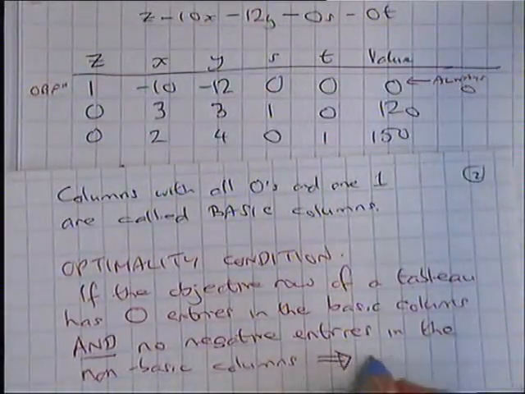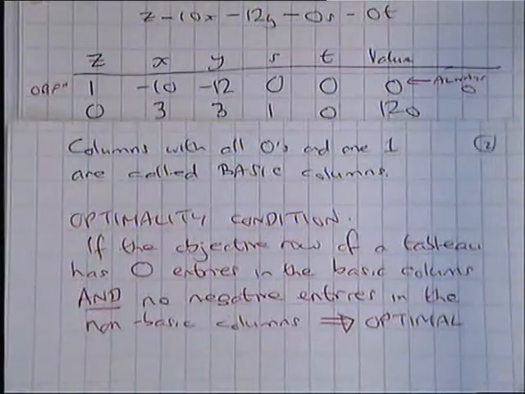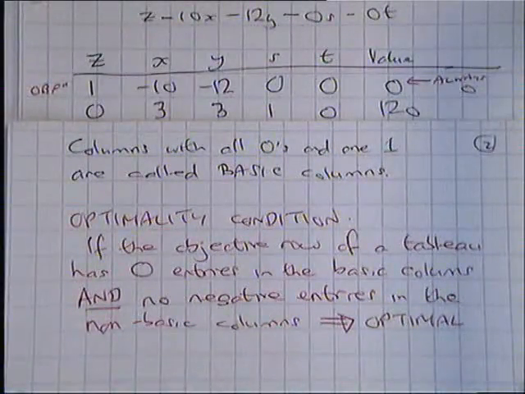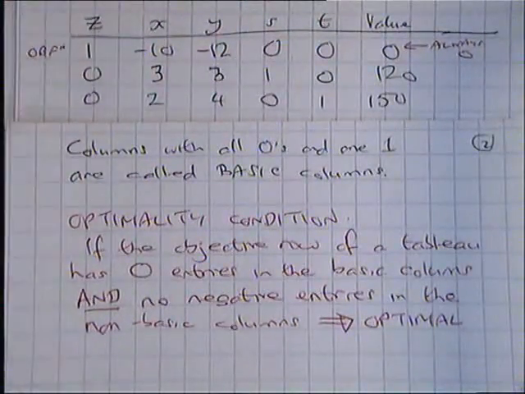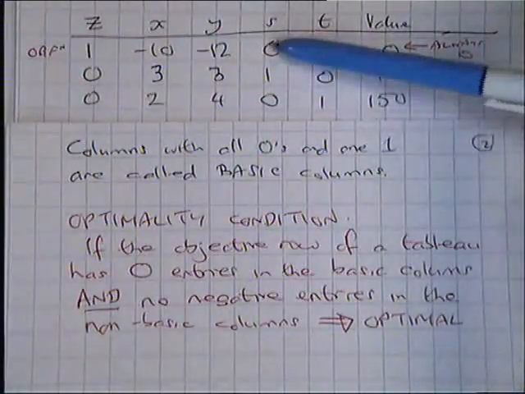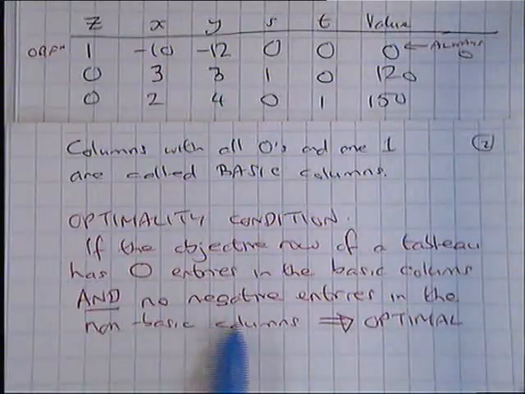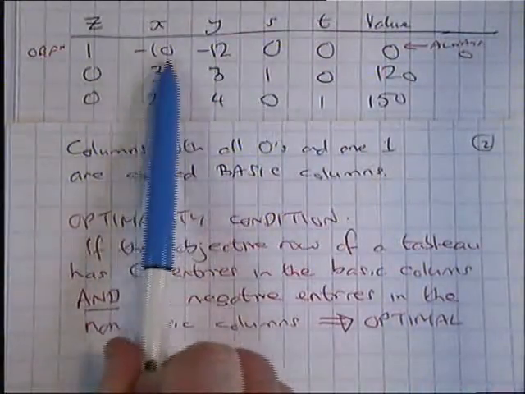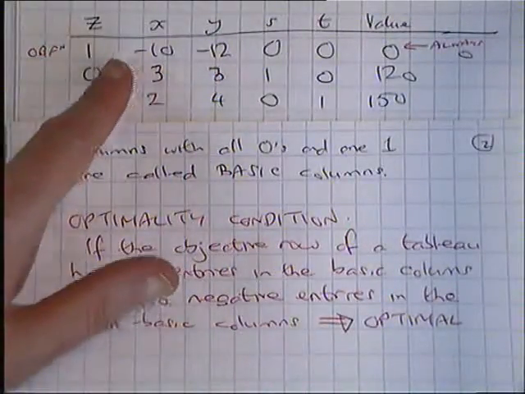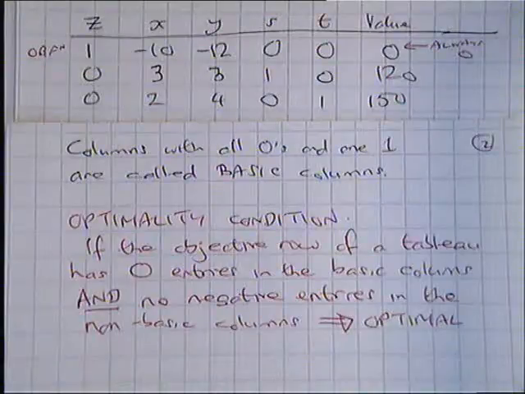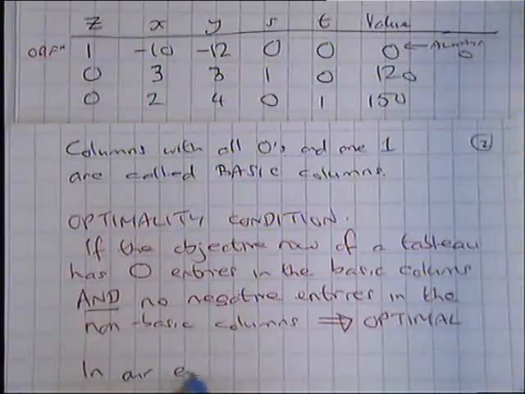Then that means you have an optimal solution. We said we have at the moment 0 entries in the basic columns. The basic columns are the ones with zeros and ones in. It's the here and here, the S and the T. But do we also have no negative entries in the non-basic columns of the objective row? No, we don't. So at the moment, that minus 10 and that minus 12 mean at the moment we are not optimal.